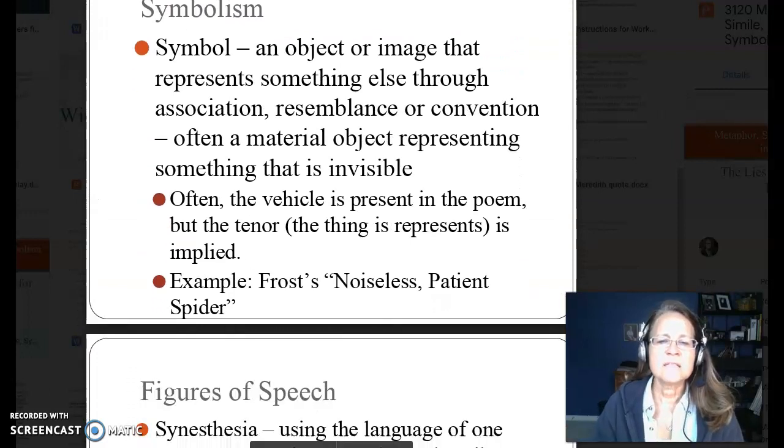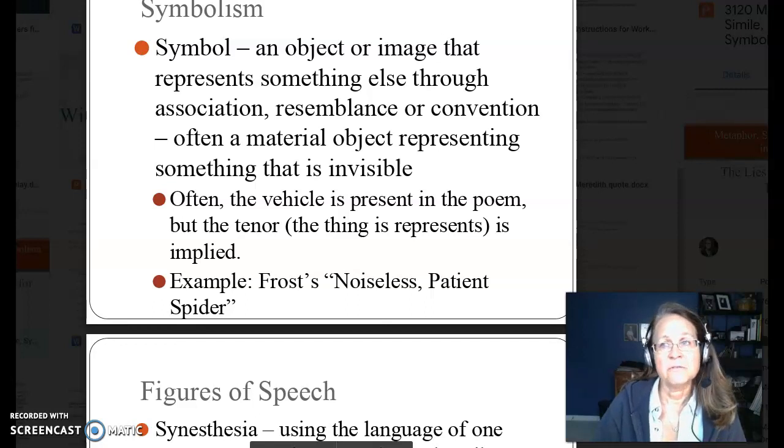A symbol is an object or image that represents something else through association or resemblance or simple convention. Often a symbol is some kind of material object, something that's tactile, perceivable, and it represents something that is invisible.